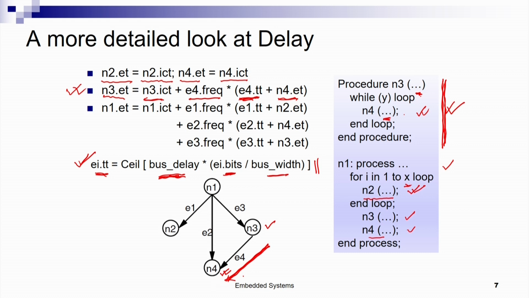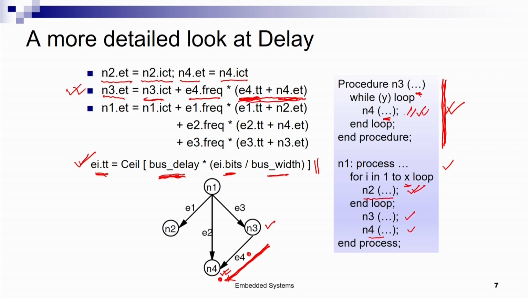So, each time I call and execute N4, I incur the execution time of N4 plus the time to transmit data from N3 to N4. This is given by E4.Tt plus N4.Et.